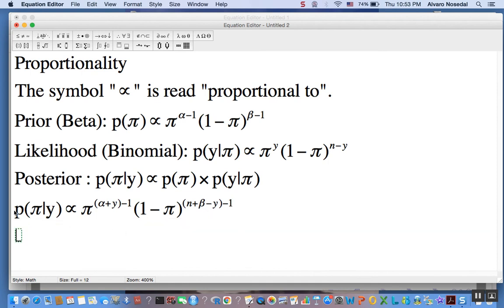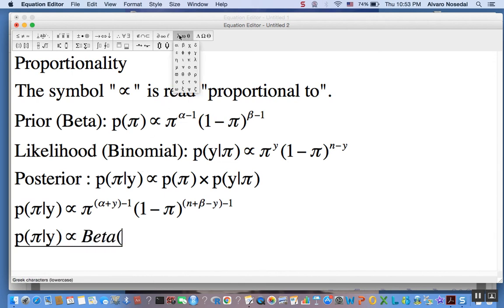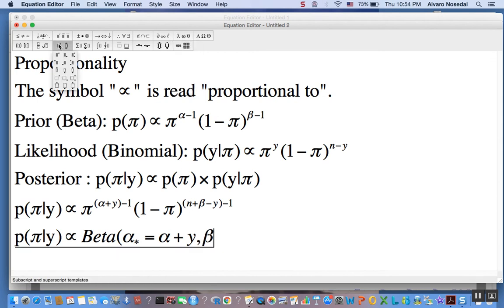So our posterior is proportional to a beta distribution with parameters alpha star and beta star, where alpha star represents the alpha for our posterior distribution and is alpha plus y, and beta star, the beta for the posterior distribution, will be n plus beta minus y.